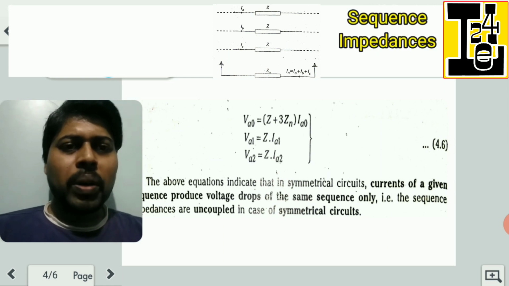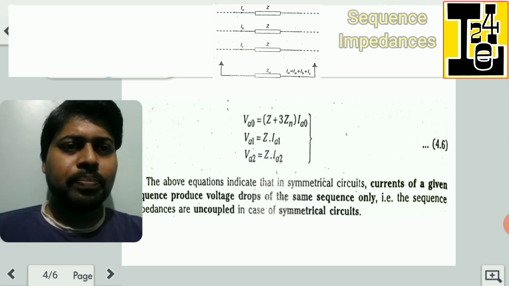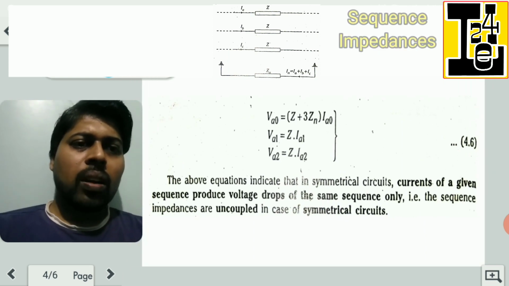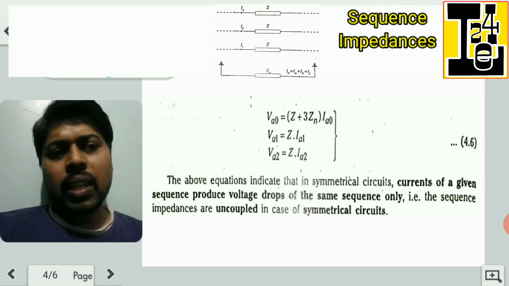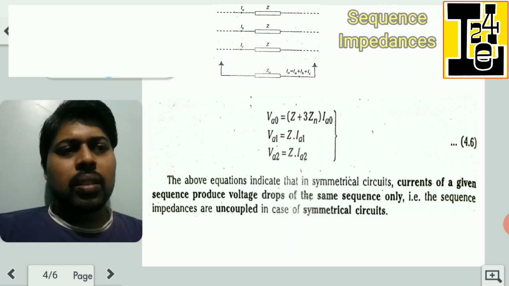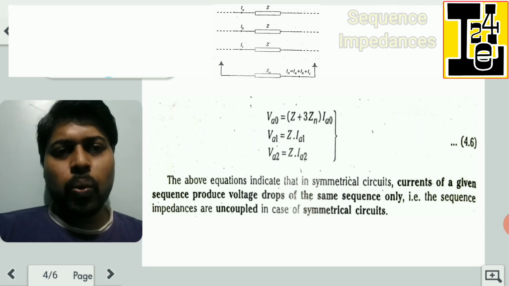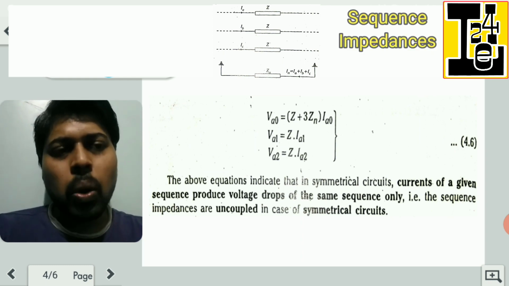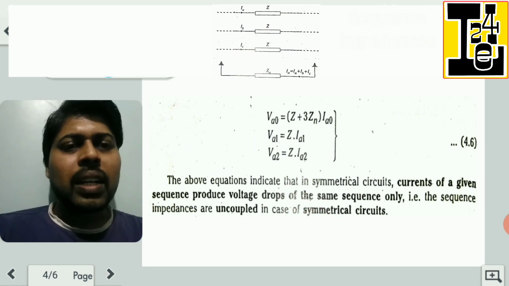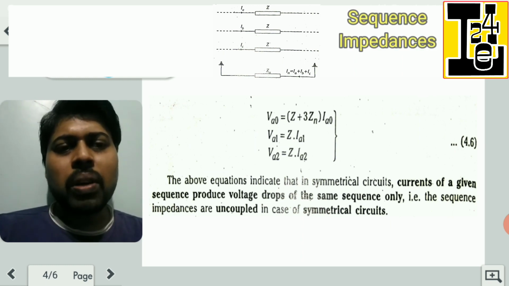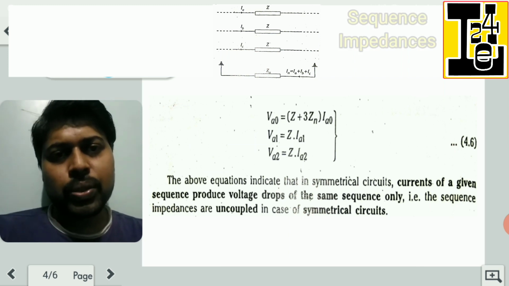So the above equations indicate that in symmetrical circuits, currents of a given sequence produce the voltage drops of the same sequence only. That is, the sequence impedances are uncoupled in the case of symmetrical circuits.